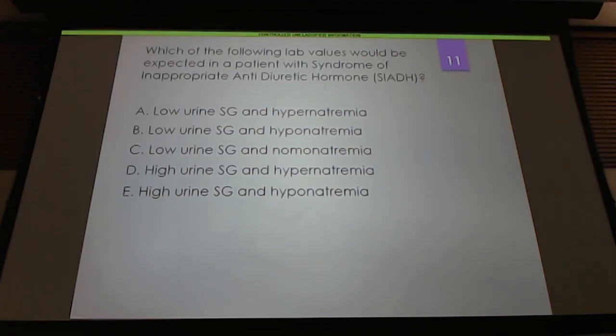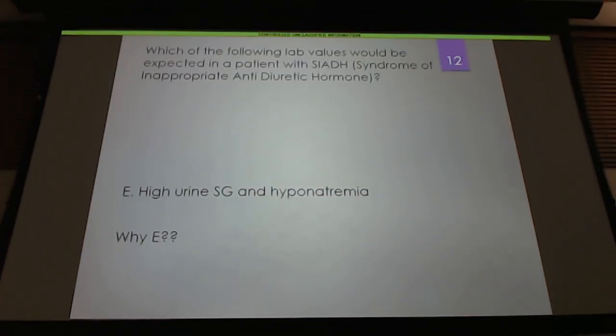With SIADH, you have to think is ADH high or low. Inappropriate ADH. Any guesses in one grade? E. Perfect. Okay, so why E? Let's do this one together because this is a disease one, so we'll do it together.